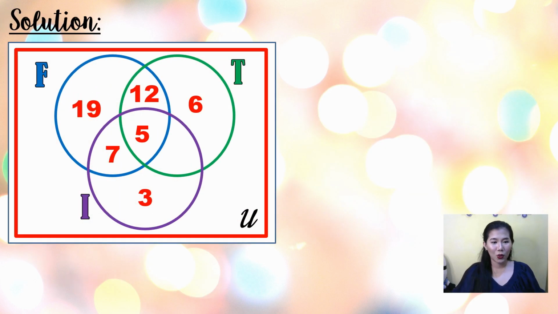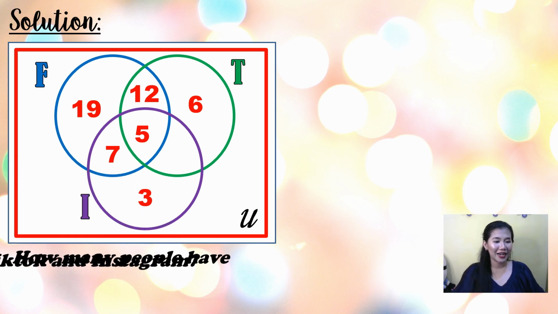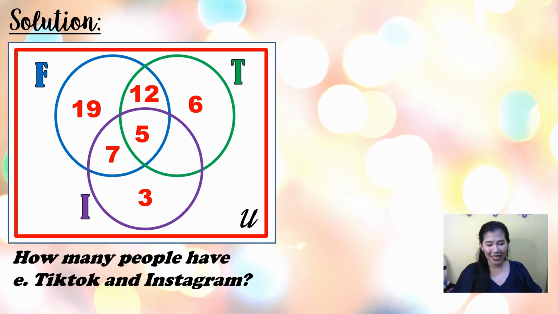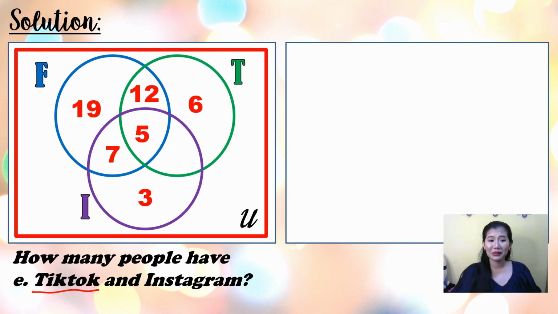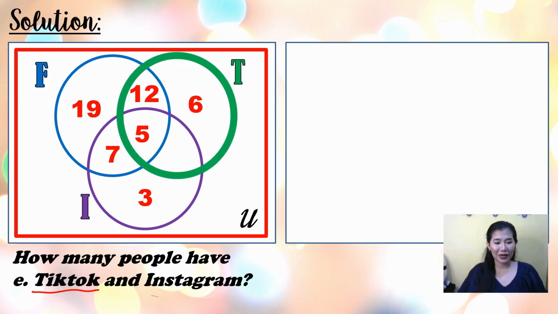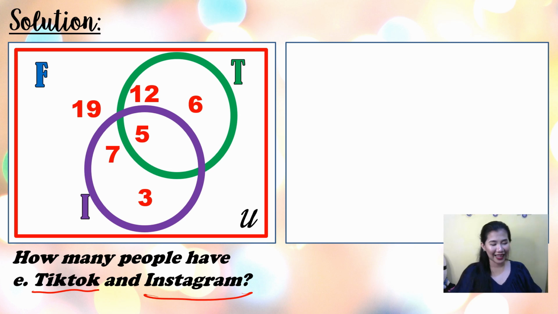Okay, so let us have the following Venn diagram. Let's answer letter E. How many people have TikTok and Instagram? So to answer this, hanapin muna natin kung nasaan yung TikTok. That's color green. And hanapin naman natin kung nasaan yung ating Instagram. That's color violet. So tanggalin natin yung hindi natin kailangan kasi nagpapalito yun sa atin.